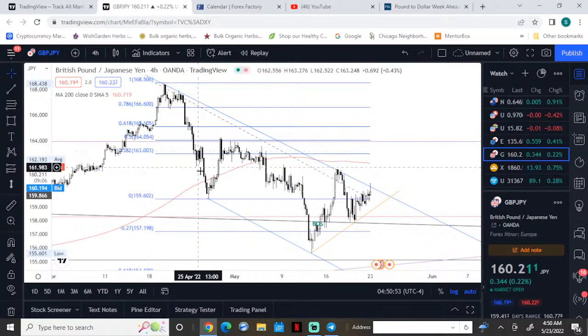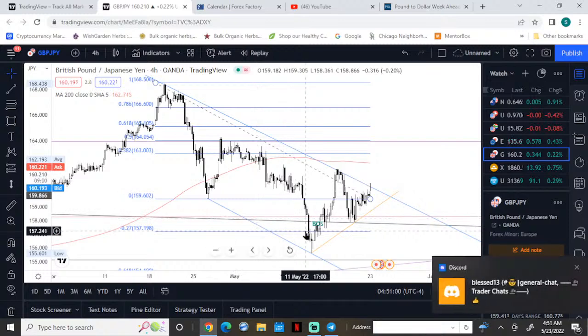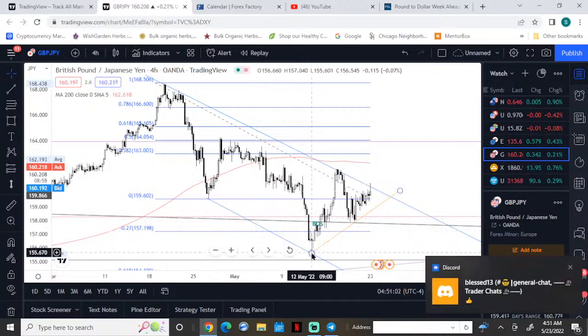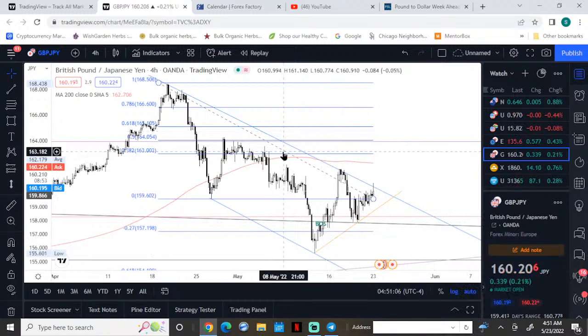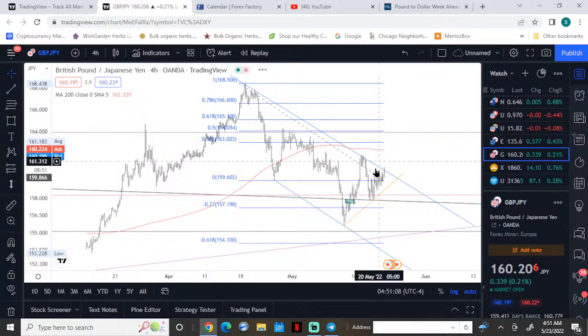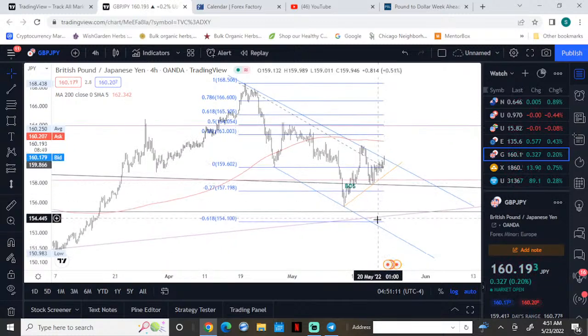We got our A, our B, came up to the 50, down to TP1, trend line, reversed. It could drop back down to this 618.